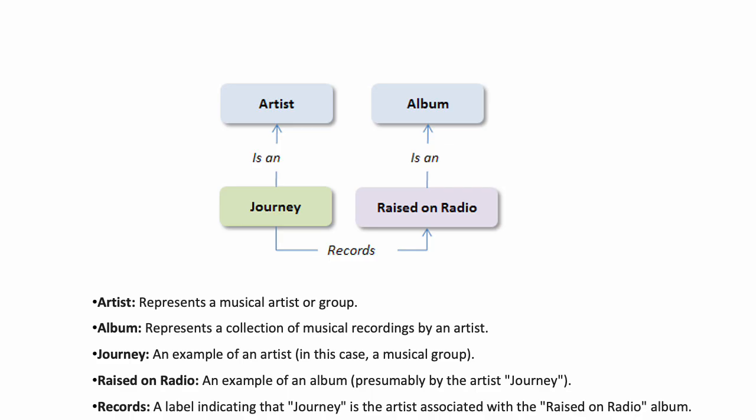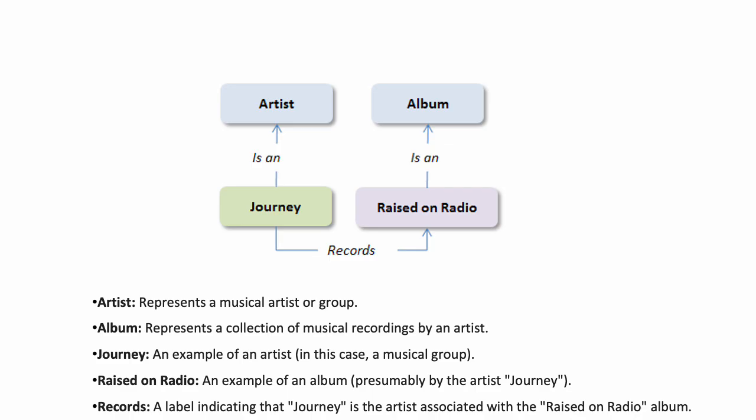This signifies that Journey is a type of artist and Raised on Radio is a type of album. So these semantic models establish a basic structure for representing information about artists and their albums. It allows you to categorize and link specific entities like Journey and Raised on Radio within the broader concept of artist and album.